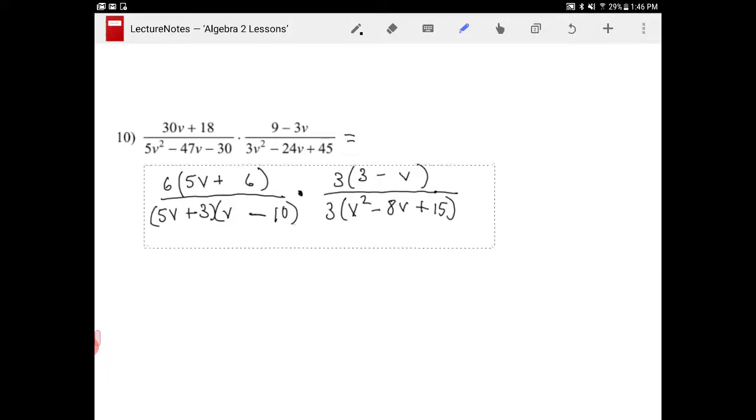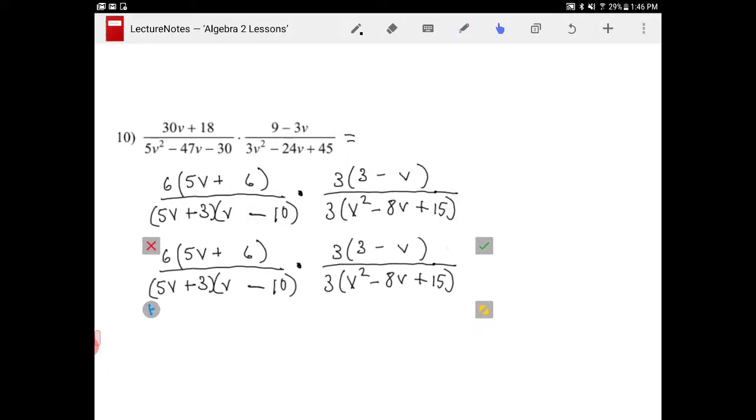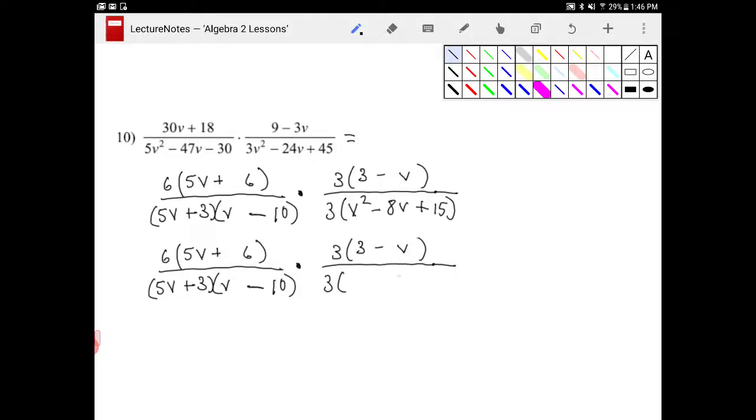Absolutely. Let's factor the denominator again. This factors into v and v. I need 15, and the middle to be 8, so it's got to be 5 and 3. And then this has to be minus, and this has to be minus.